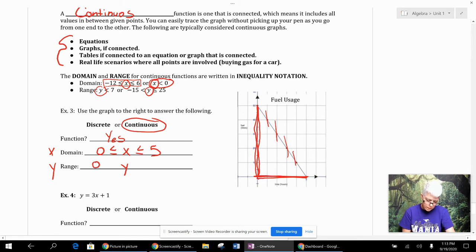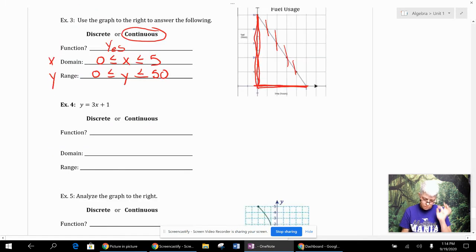The range starts at 0, and it includes 0, and it ends at 50, but it includes 50 because of the solid dot. So 0 is less than or equal to y, which is less than or equal to 50. So again, there's ends.